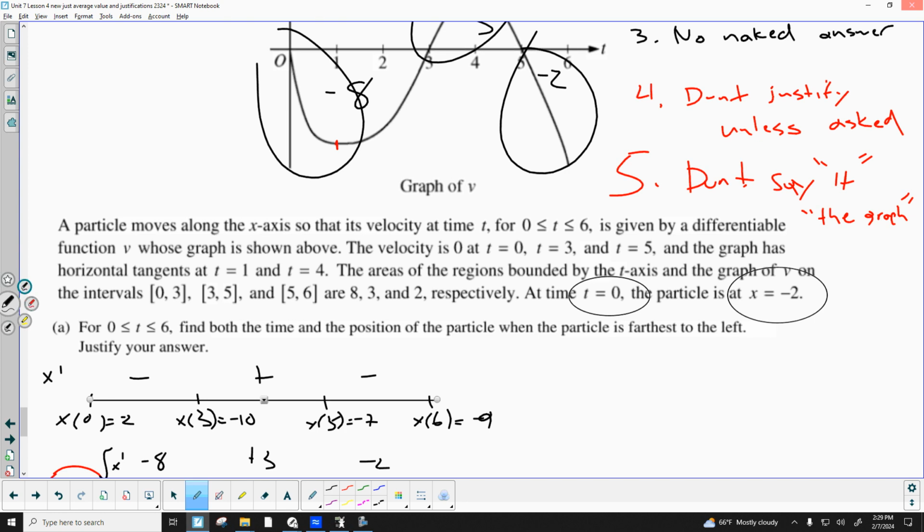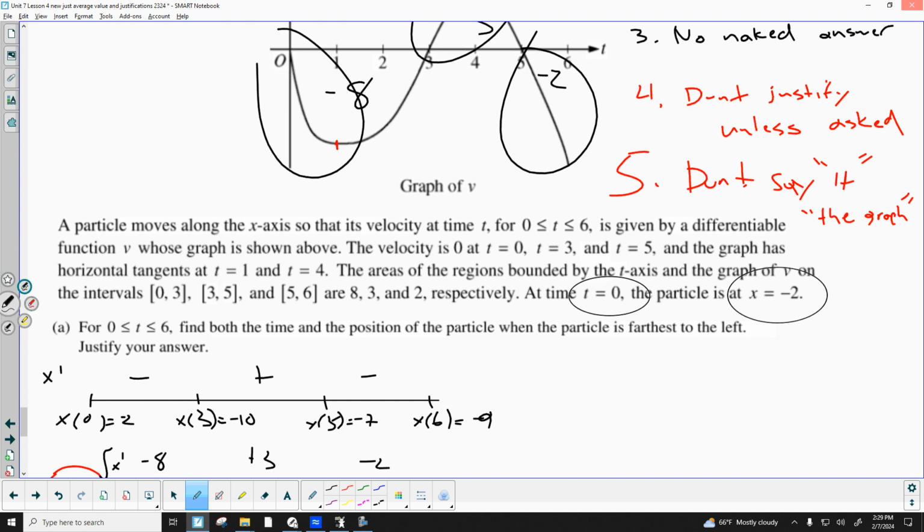Now, if you say x of 3 equals -10, I give you 1 point out of the 3. Okay? Here's how you earn the other 2 points. I'm not even sure if I'd give you 1 point. One, you have to explain the extreme value theorem in the easiest possible way.